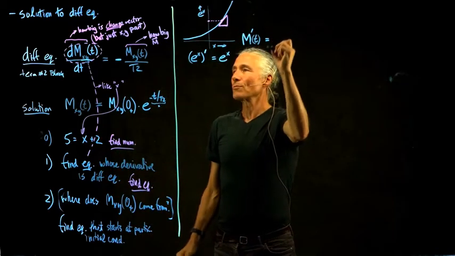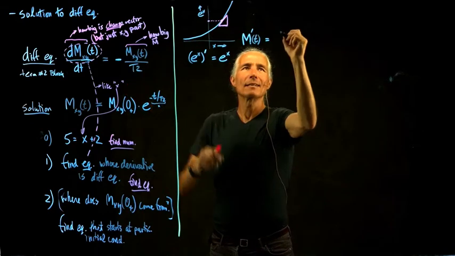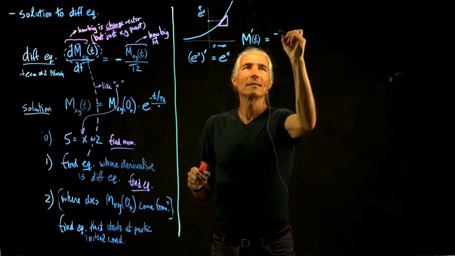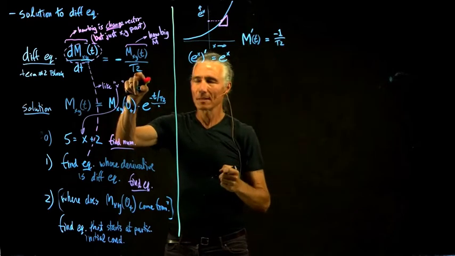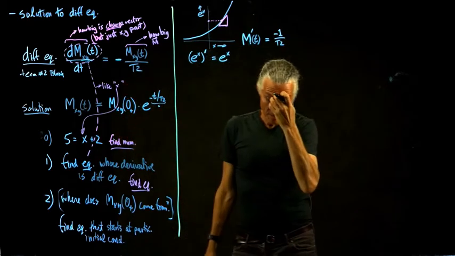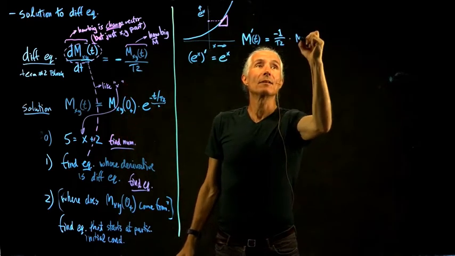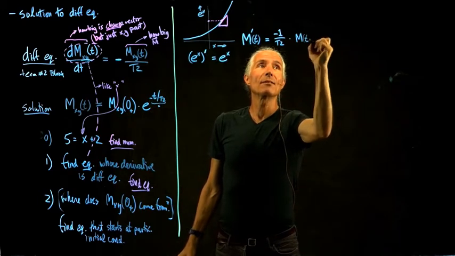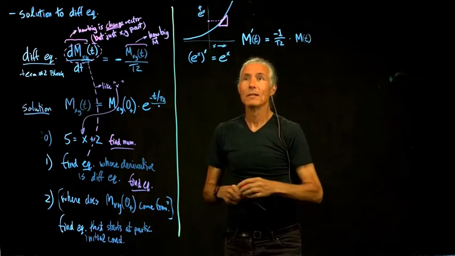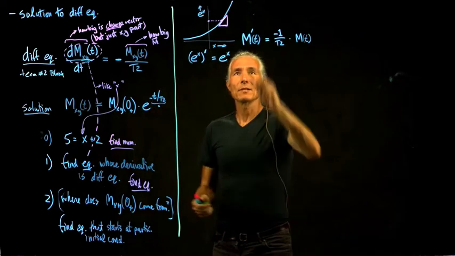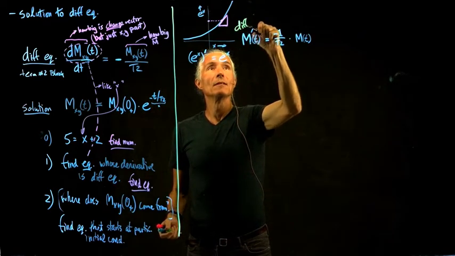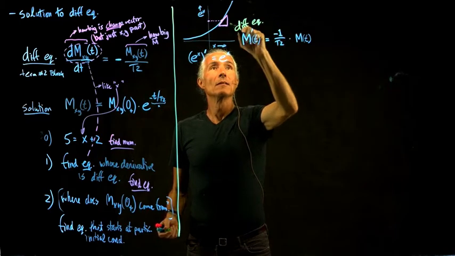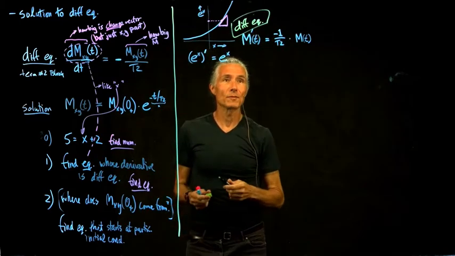It is equal to, and then we'll take the constant out. So it's equal to minus 1 over t2. That's just this thing here. Times the function. And remember that function is the unknown function. So this is the differential equation written in a smaller number of symbols.